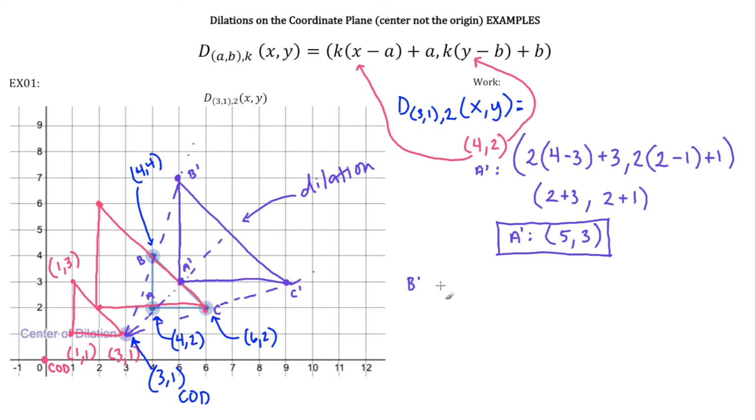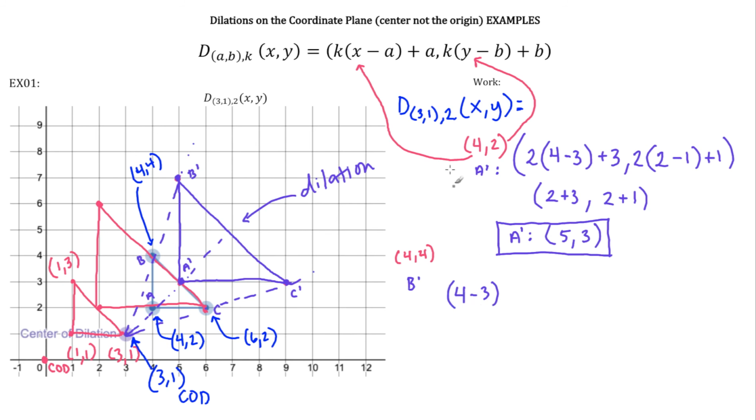So B prime, so B is 4, 4, right? I should probably put that somewhere to help me out. Oh, I know what I did. So I'll put 4, 4 here. Okay. So I start off with 4, and I subtract the 3.